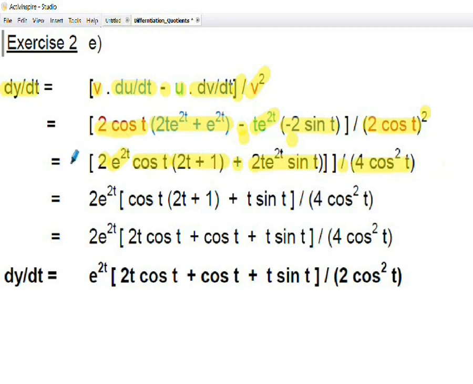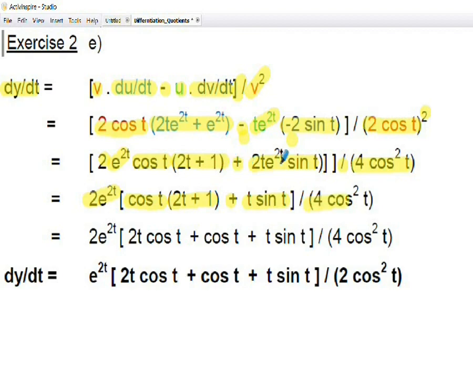Again I'm factorising here. I'm taking 2e to the 2t outside of the brackets because that's common to both terms on the top line, so that can come outside. That leaves me inside the bracket on the top line cos t times 2t plus 1 in the brackets, added to t times the sine of t.